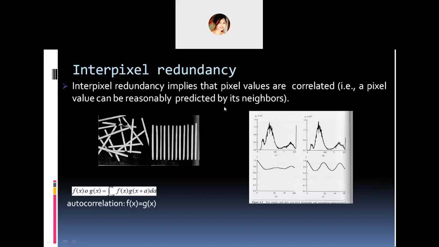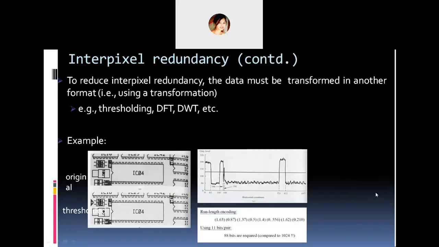A pixel value can be reasonably predicted by its neighbors. This is the original image, this is after performing interpixel redundancy, and this is the gray level histogram. How is this interpixel redundancy reduced? By transforming data from one format to another. For example, they use thresholding, DFT, DWT.